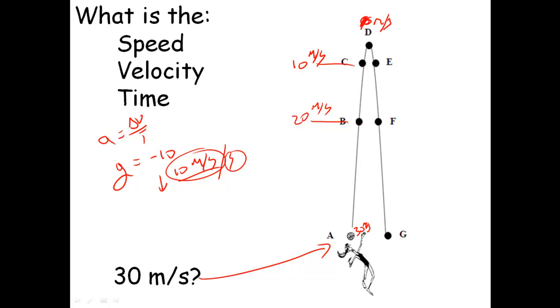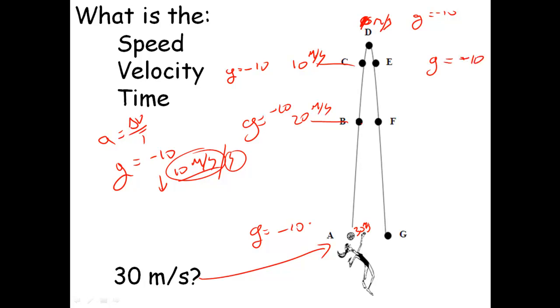Is gravity still pulling at point D? You bet it is. Still trying to accelerate it downward. In other words, the acceleration caused by gravity at D is still negative 10. At C, it's still negative 10. It's negative 10 everywhere, even on the way down.